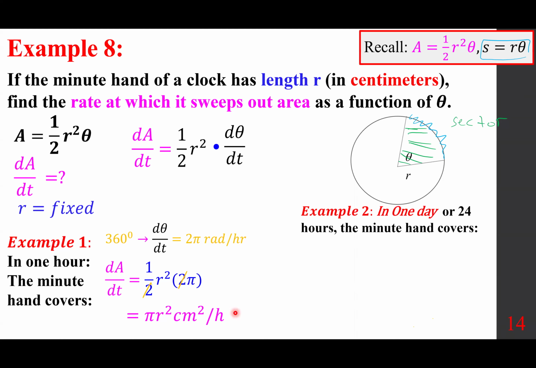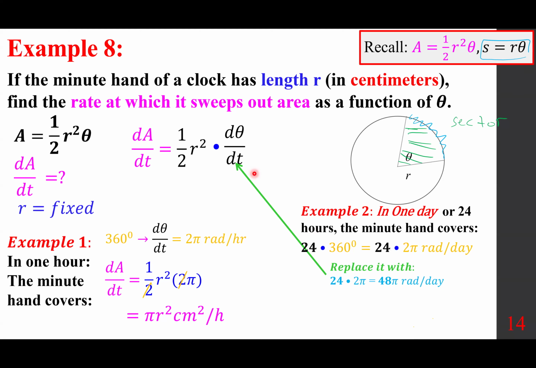Another example, in one day or 24 hours, the minute hand covers the same thing times 24. So 24 times 2 pi, or 48 pi radians per day. So in this case, we replace this one with 48 pi radians per day.